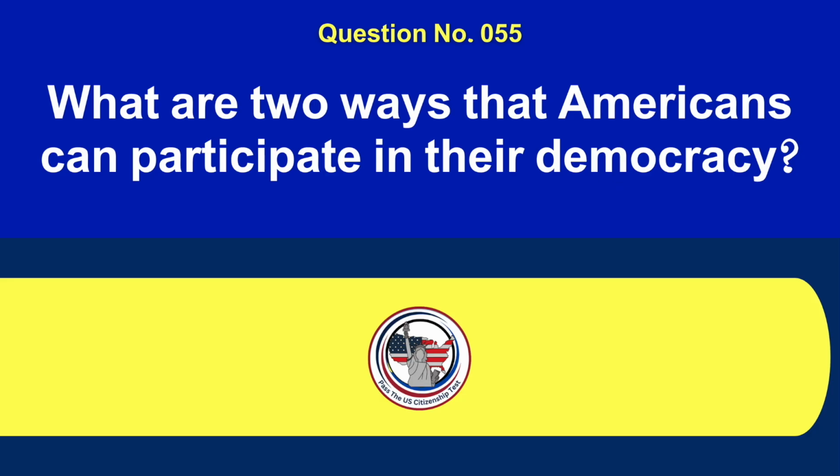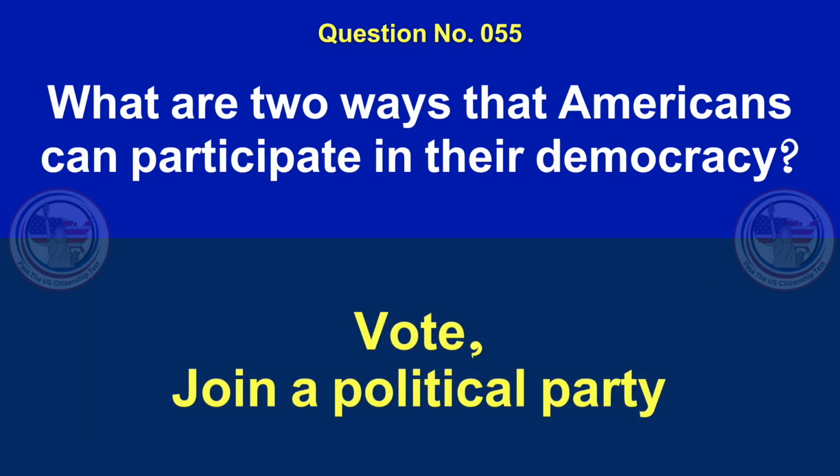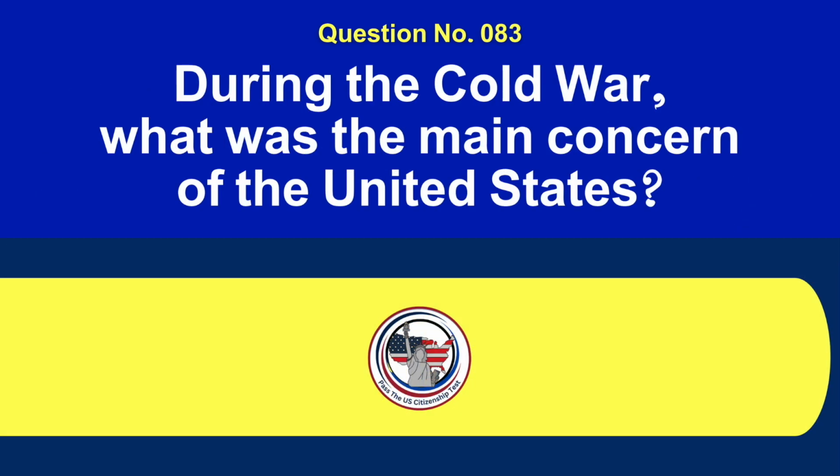What are two ways that Americans can participate in their democracy? Vote. Join a political party. During the Cold War, what was the main concern of the United States?